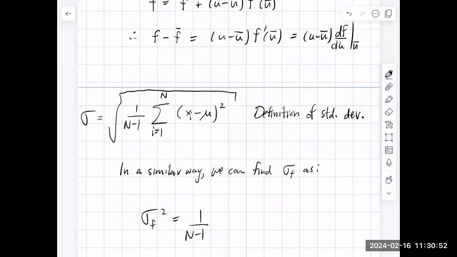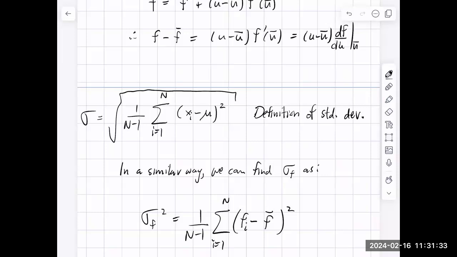However many measurements of U we made, I calculate F of U at each one of those values, and I average that, and I'm going to get an F bar. I would take my individual measurements, take that difference and square them, and put in a sum from i equals 1 to n. Now this will be Fi, the value of our function evaluated at wherever Ui was, whatever the result for the ith measurement was.